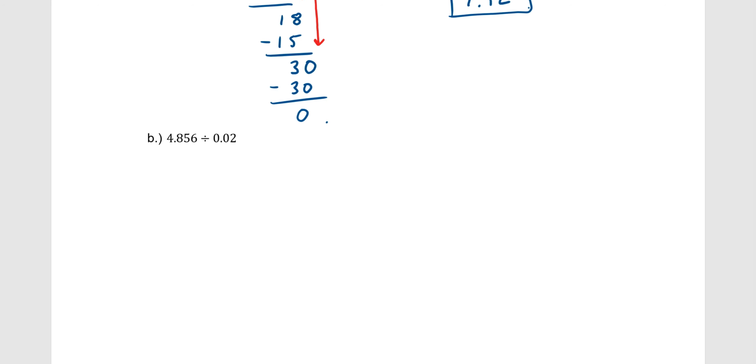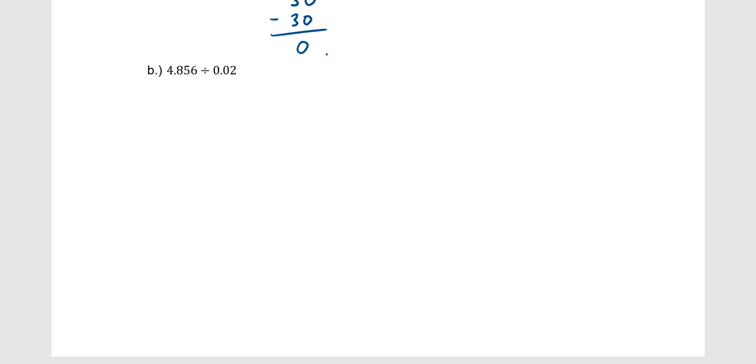Okay, next one here we have 4.856 divided by 0.02. So for this one, the dividend is not a whole number. So what we're going to do is make it a whole number by moving the decimal point over to the right, in this case 2 spots. We also have to do that to the dividend.